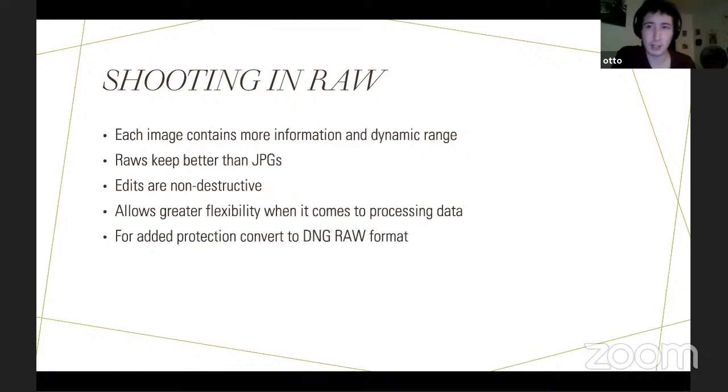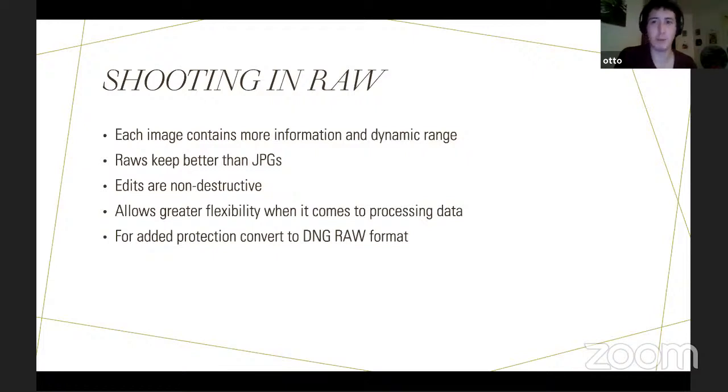So for additional protection, I tend to convert my raws into a DNG raw format, which is Adobe's proprietary raw format, because each camera brand has its own raw format. Depending on how committed they are to it, or how well the camera company happens to be doing, there is a likelihood that even this will become unreadable at a certain point in the future.